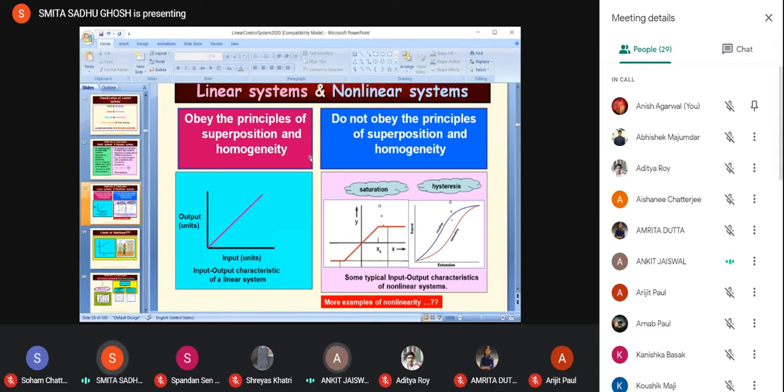And for that matter, what homogeneity is? Right? So those would automatically make us look at what would happen if we change the input. Is there a corresponding change in the output? And how much is that? Following a straight line characteristic as shown over here in the left hand side plot, right?